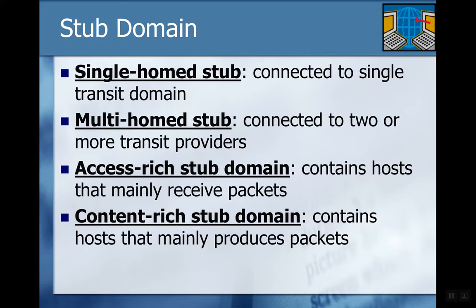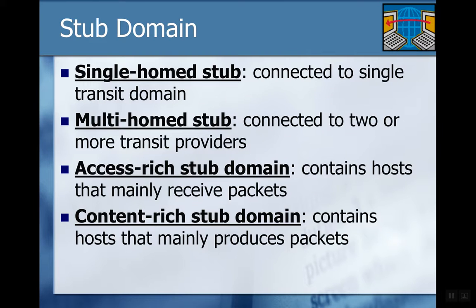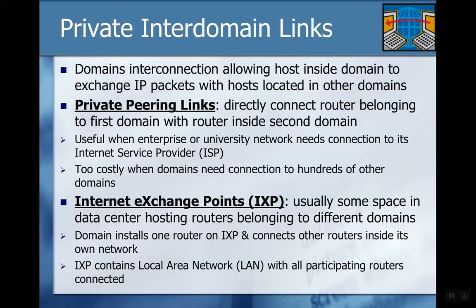This is just some specific details around interdomain routing, and another example. Private domain links allow a host inside of a domain to exchange packets with hosts in other domains.